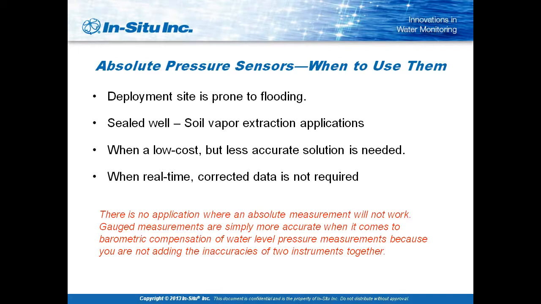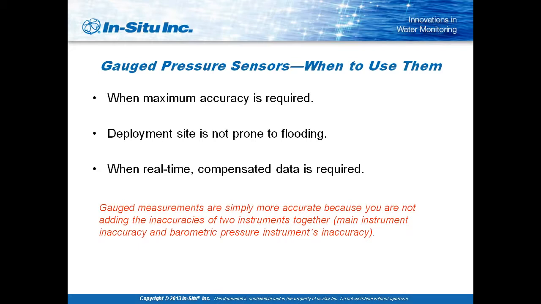Since their accuracy requirements weren't that stringent, we could use an absolute sensor and do the site considerably less expensively. Another thing to bear in mind is that when you're using an absolute sensor and looking for real-time data, you're not really going to be able to get real-time data because it does require a barometric pressure correction. So you've got a bit of a lag there.